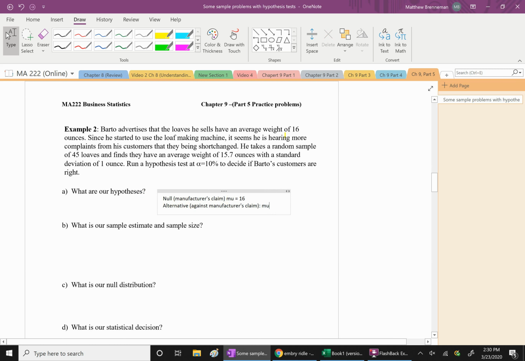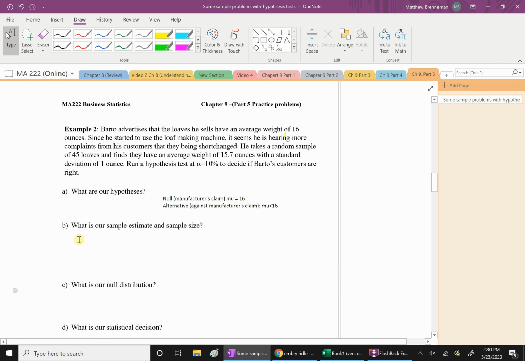It says that the customers seem like they're being shortchanged. So what would they be claiming about the population? They'd be claiming that the loaves in the population were smaller, and that would be manifested by a lower weight than what was advertised. Okay, so those are our two hypotheses. And here it says run a hypothesis test at alpha equal 10% to determine if Bardo's customers are right, and what they're claiming is that they're shortchanged. That's what we're testing.